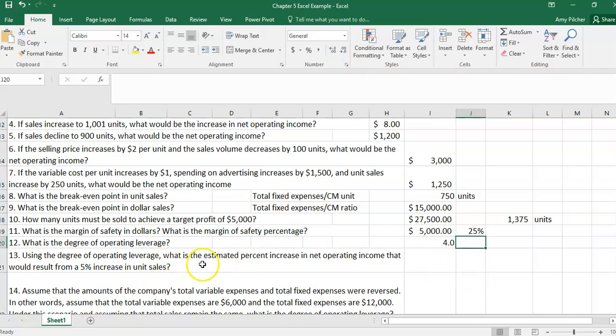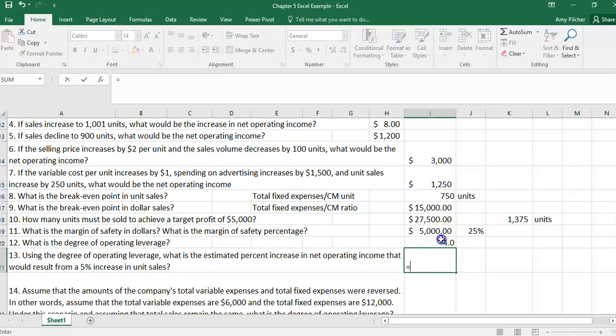Using that degree of operating leverage, what is the estimated percent increase in net operating income that would result from a 5% increase in unit sales? In order to calculate that, we take our operating leverage times the percent increase in sales to get the percent increase in operating income.